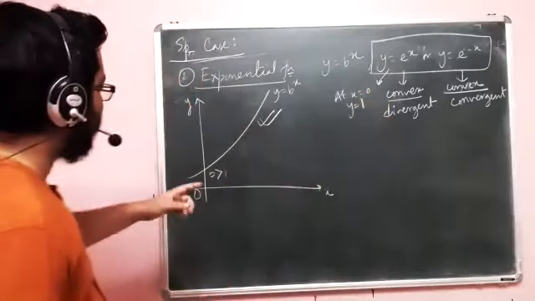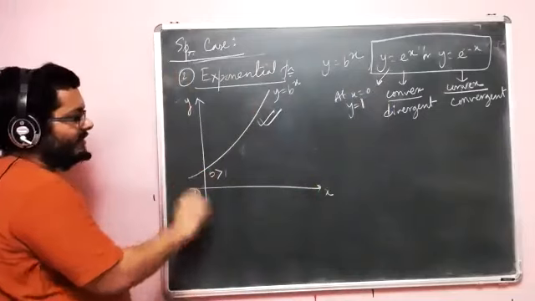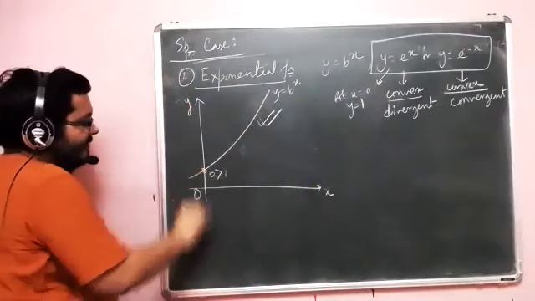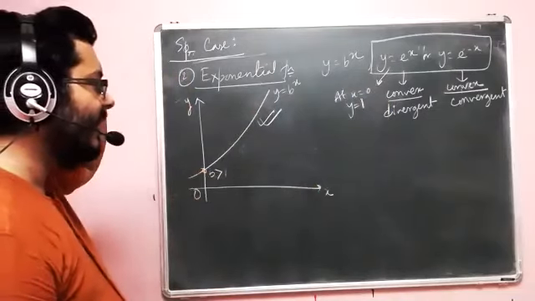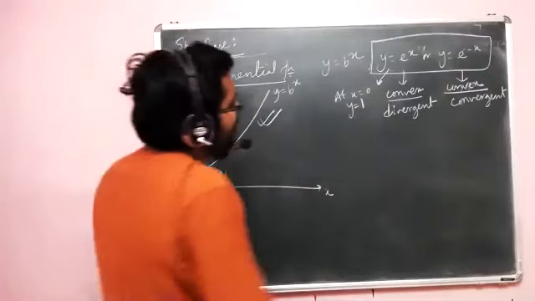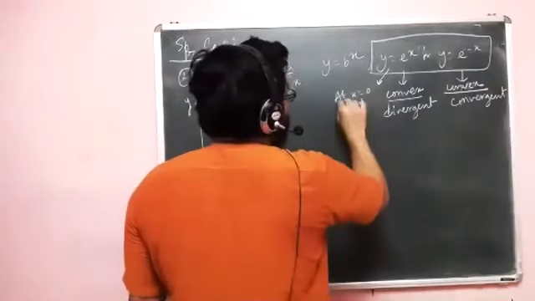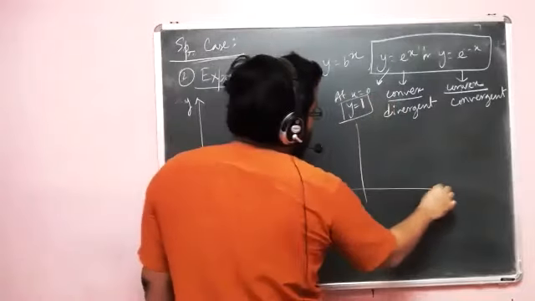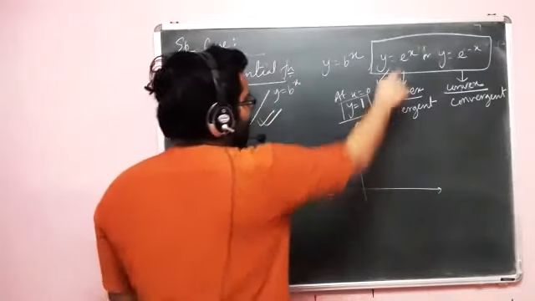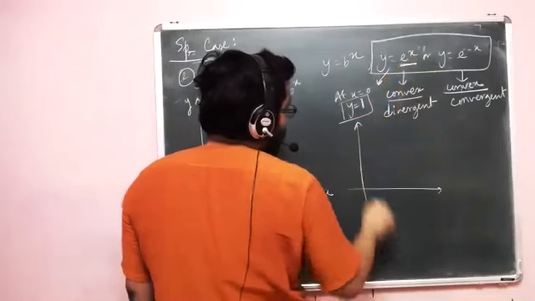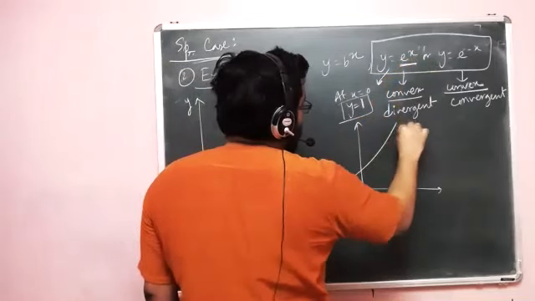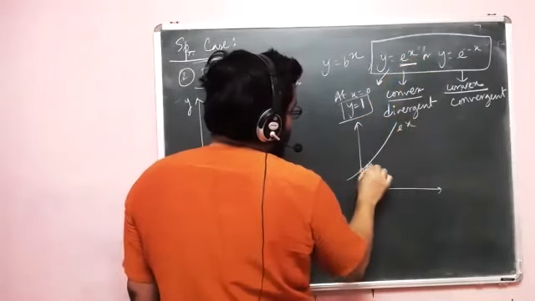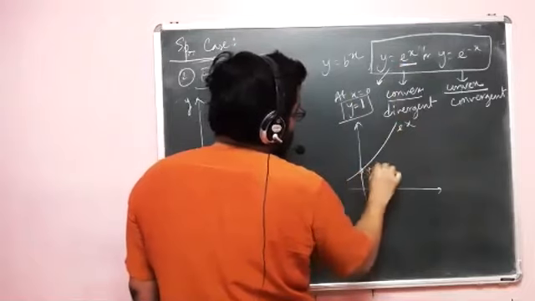So for e to the power x, this will become simply 1, this point. And for e to the power minus x also, this will be y equal to 1, but there is a difference. For the left one, this function goes like this. So this is my 1, let's say.